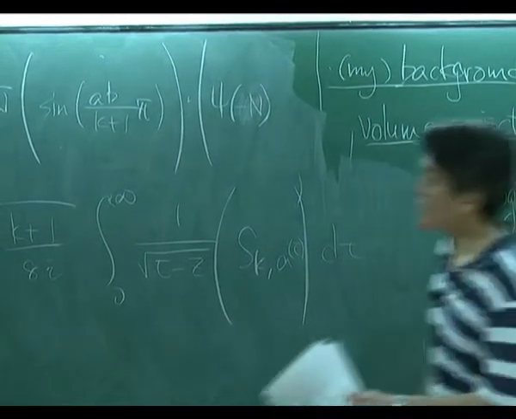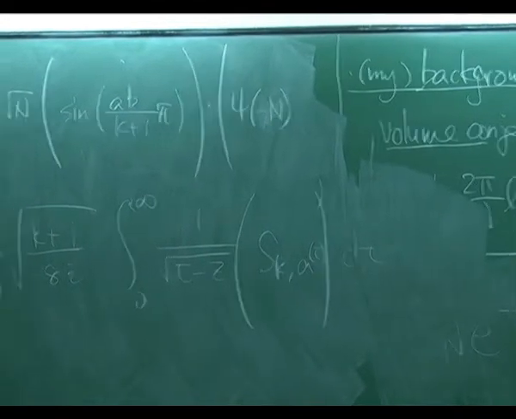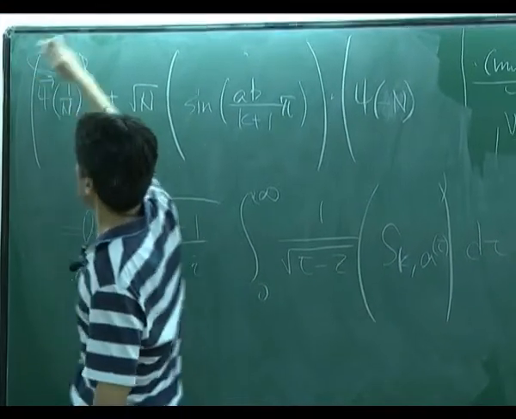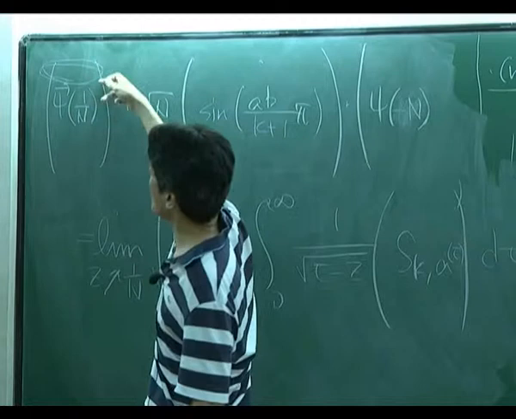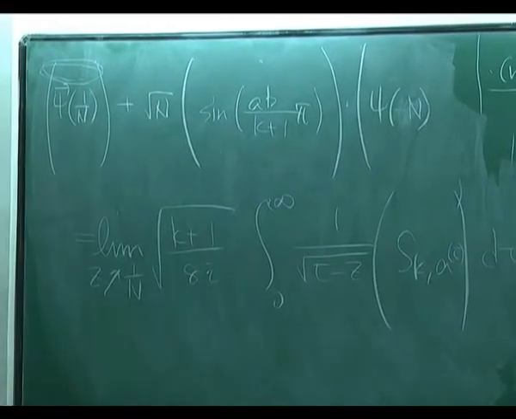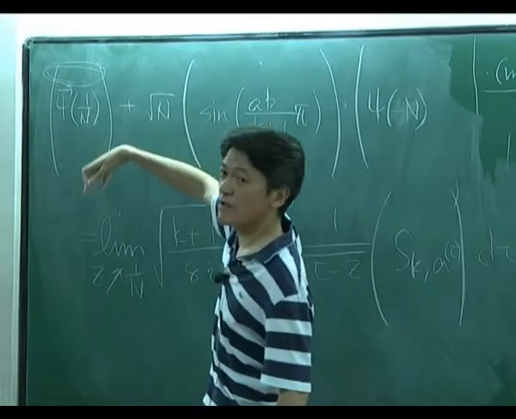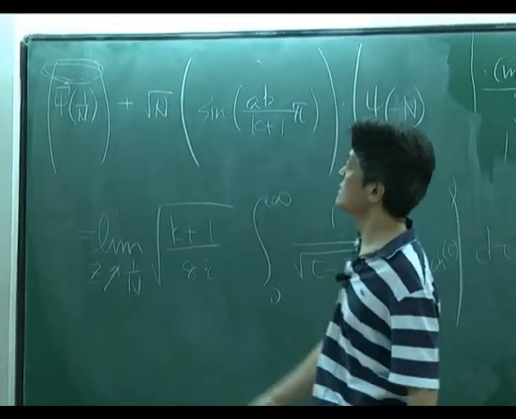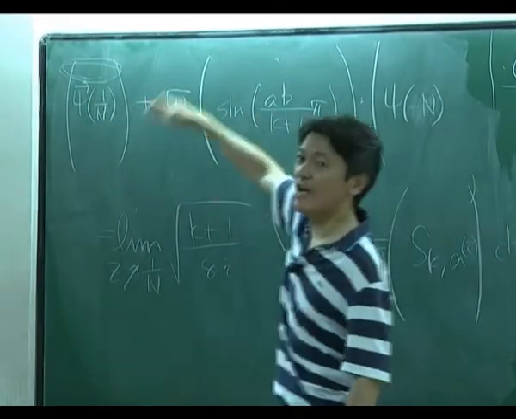So the claim of this correspondence is that only one component of this vector valued quantum modular form coincides with the Kashaev invariant of this knot. And I do not know the topological meaning of the remaining elements.